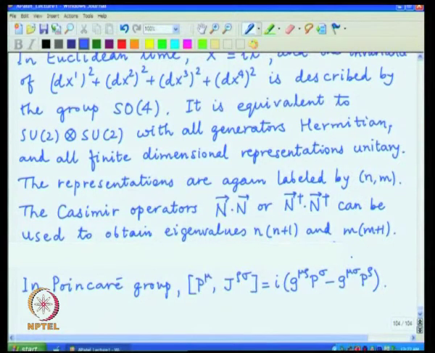So, clearly one cannot use all the generators simultaneously to label physical states.